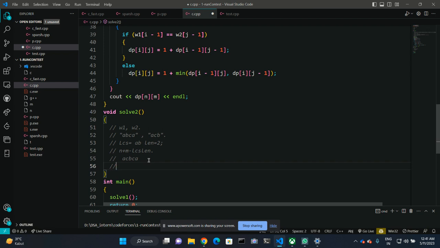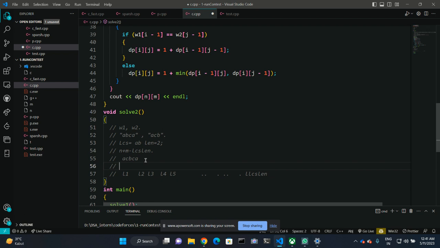Okay. Let us assume my LCS is of LCS length and its indices are L1, L2, L3, L4, L5, up to LN, the LCS length. There will be two words, W1 and W2.